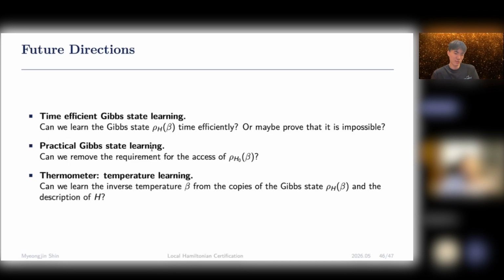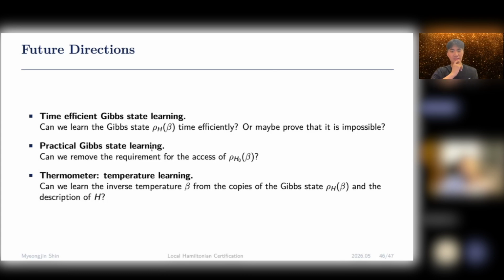So having access to a copy of the answer Gibbs state is not that practical. So can we remove the requirement of access to the original Gibbs state for certification? This could be an interesting direction.